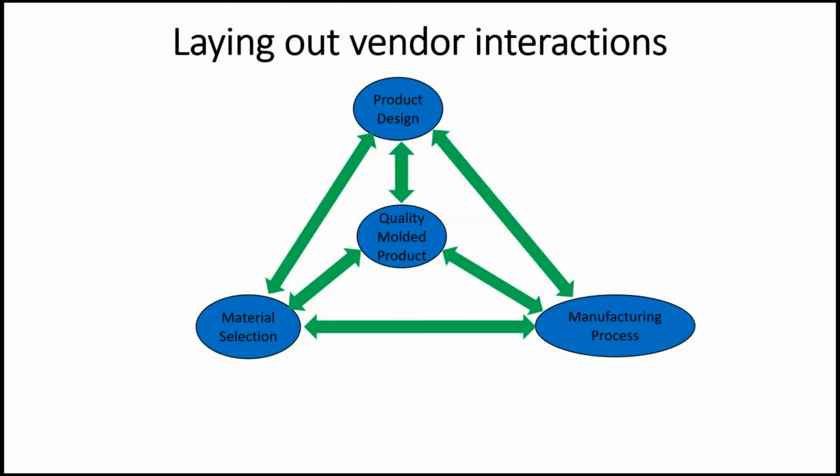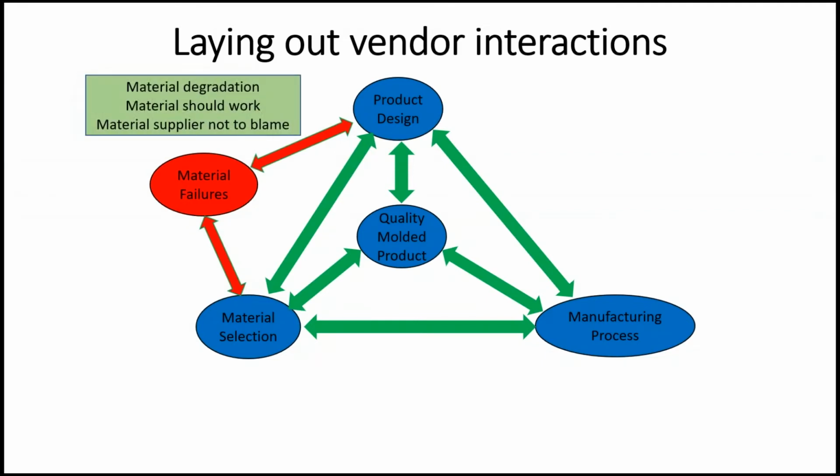In any project, we want to look at the three basic pillars of any good product design: the design shape, the material selection, and the manufacturing process. In this particular project, we had a material failure, and we looked at material degradation, and everybody felt that the material should work.